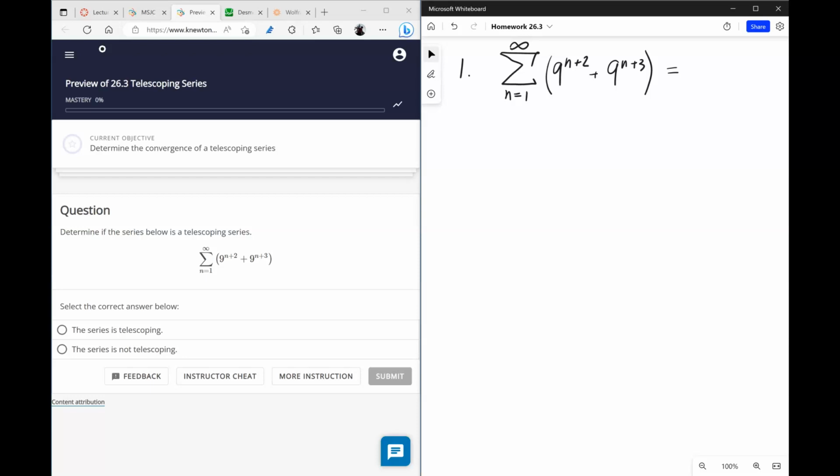So a telescoping series will only have a few patterns, one or two that I went over in the lecture. One of them has logs, and we use the property of logs in which we can compress or expand logarithmic expressions.